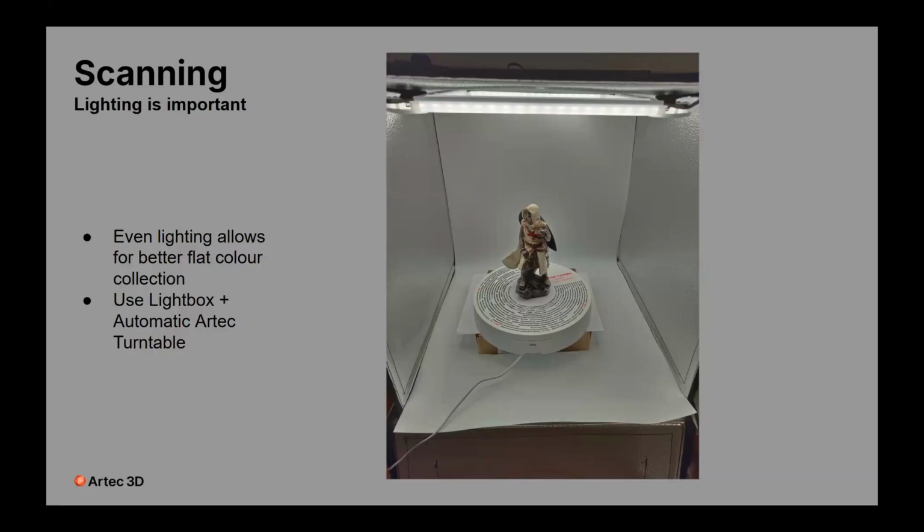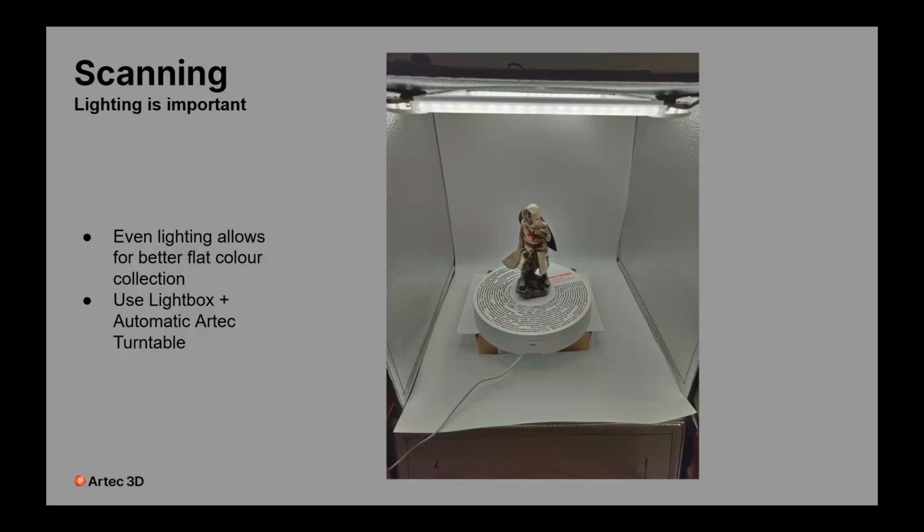All of our handheld scanners, which are Leo, Eva, Spider, and Spider II, are equipped with a texture flash, which lights up the texture in front of the scanner and allows for a more even color. But depending on the overall lighting in the environment, some shadows might still be present even with the texture flash. So ideally you would want to scan in an environment with soft, even lighting.